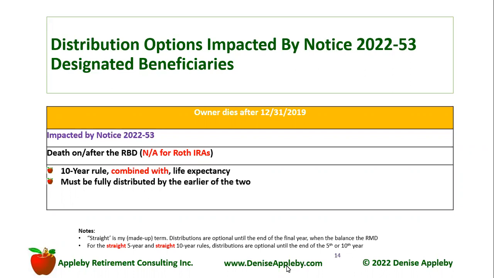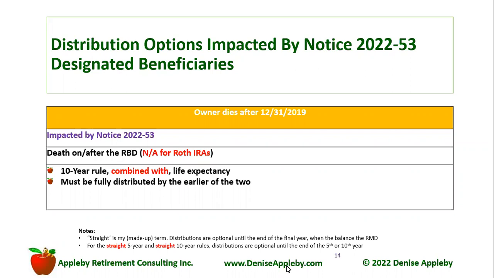You want to look at the options that the original beneficiary was using, right? If the original beneficiary was taking distributions over their life expectancy, and that original primary beneficiary died before 2020, then the successor beneficiary continues taking those distributions over the life expectancy that applies to the original beneficiary.